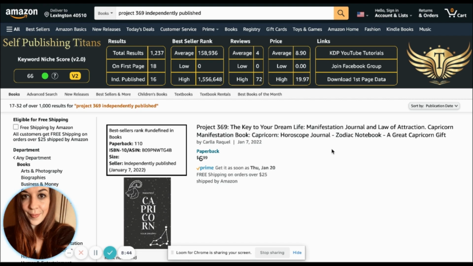So maybe they're ranking for something that's quite a low competition keyword, but they've started making sales on that keyword. And then once they've started making more sales for these lower competitive terms, eventually they'll start ranking for the ones that you're searching for as well, the higher competitive terms or the shorter tail keywords. So that's why it's so important to look at all these things.